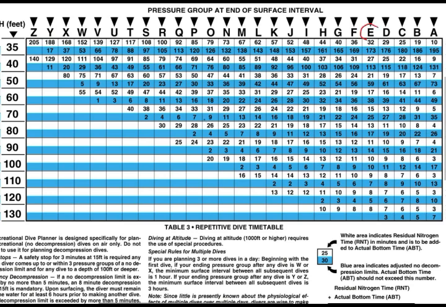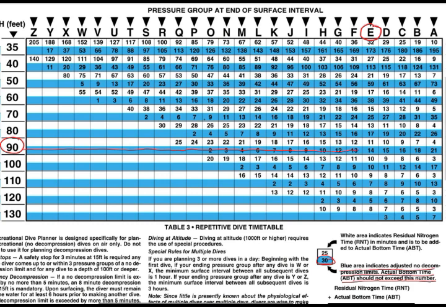So starting at the top and circling E, and then over to the left, finding our depth, which was 90 feet, where those two intersect, we will find our answer. And just looking at the little diagram at the bottom of the page here, we can see that our adjusted no decompression limit is the number in blue. I always refer to it as the number that appears to be underwater. That is the number of minutes we can spend underwater.